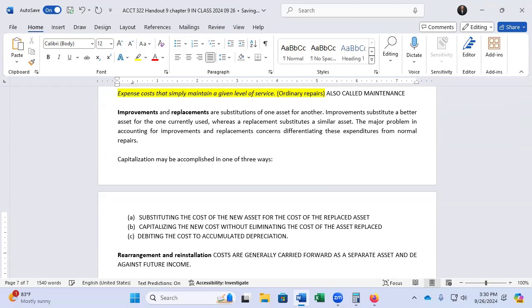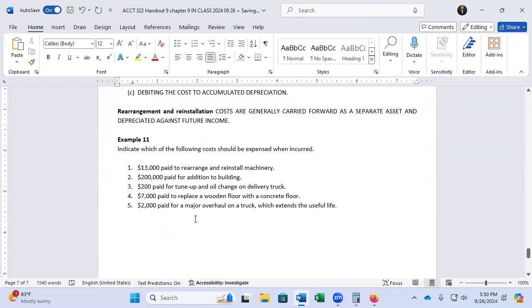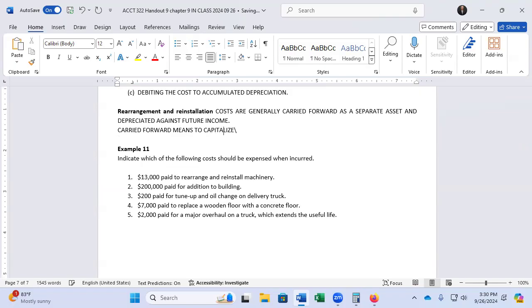Put depreciated. And when they say carried forward here, know that they mean that they capitalize those costs.